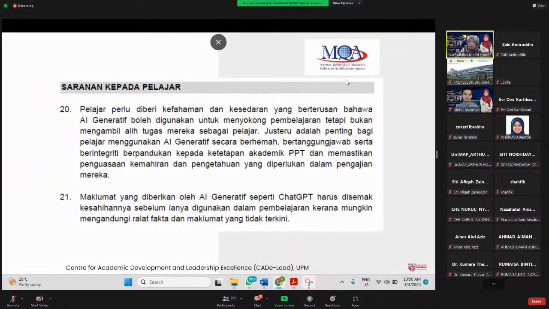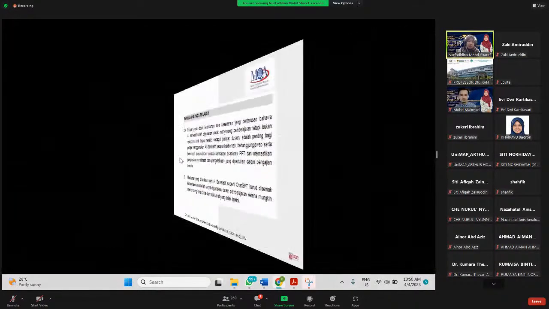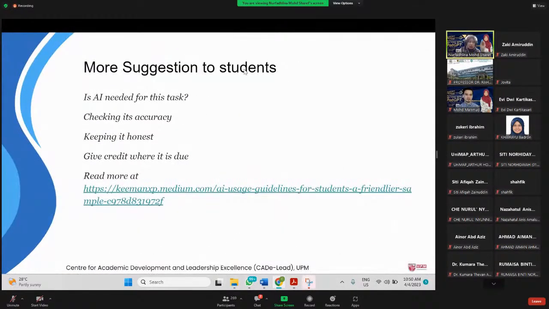Even the MQA advisory note has said that students need to be informed about the importance of generative AI to support teaching and learning, but not replacing their tasks as a learner. Therefore, it's important for AI to be used responsibly, and the information that is generated must be evaluated to know that it is correct.